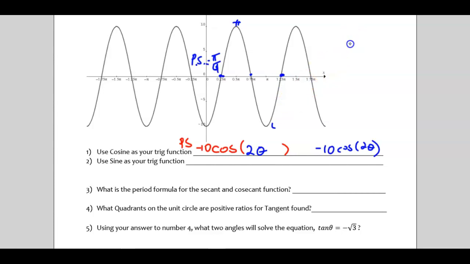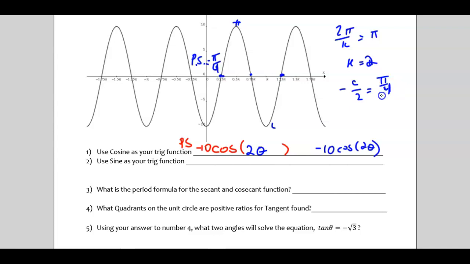Since it's sine, remember we just did 2 pi over k equals pi, the period is pi. We solved this and we got k equals 2. Next, negative c over k, where k is 2, equals the phase shift of pi over 4.